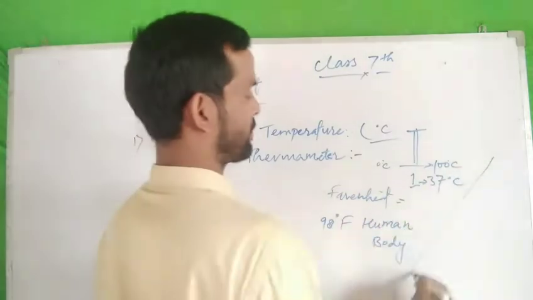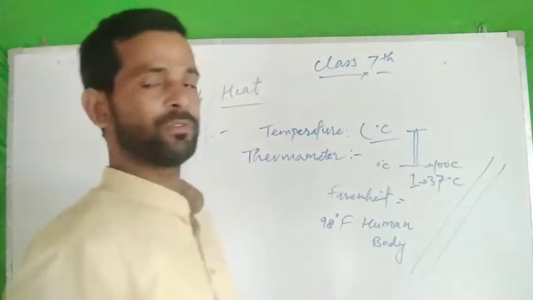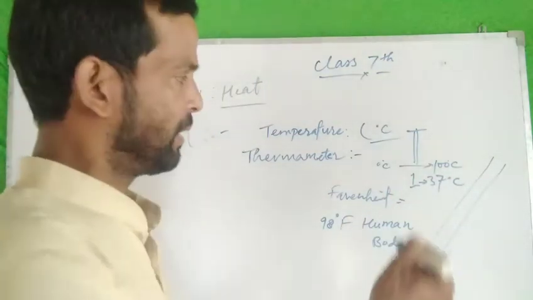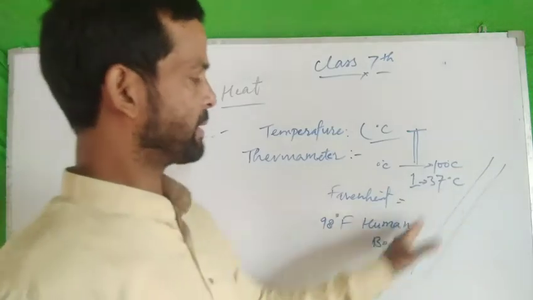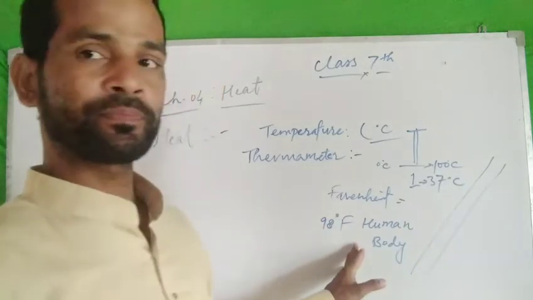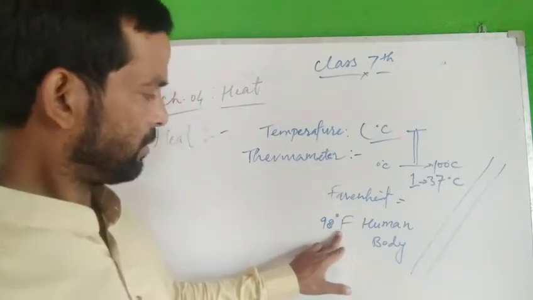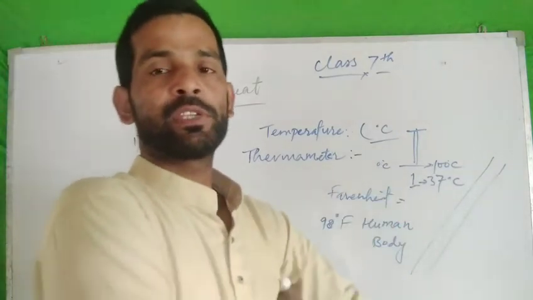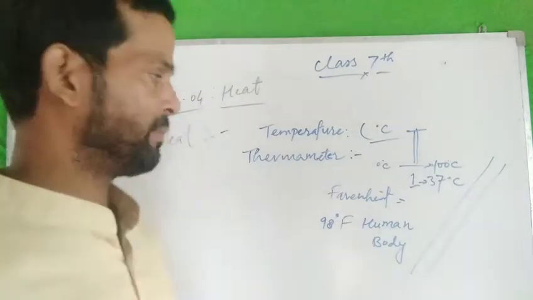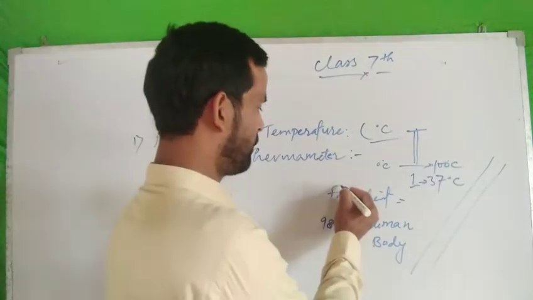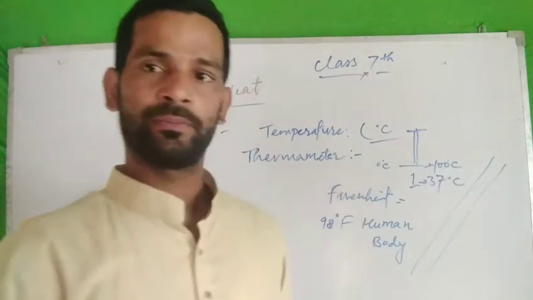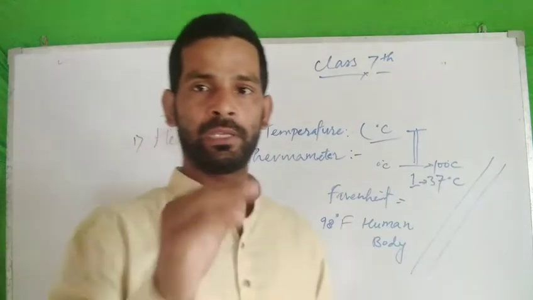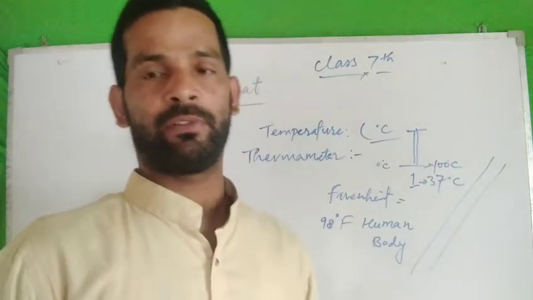These are two kinds of thermometer based on their degree. So it is a clinical thermometer by which we can find out the heat of our body, that is, the temperature of our body.